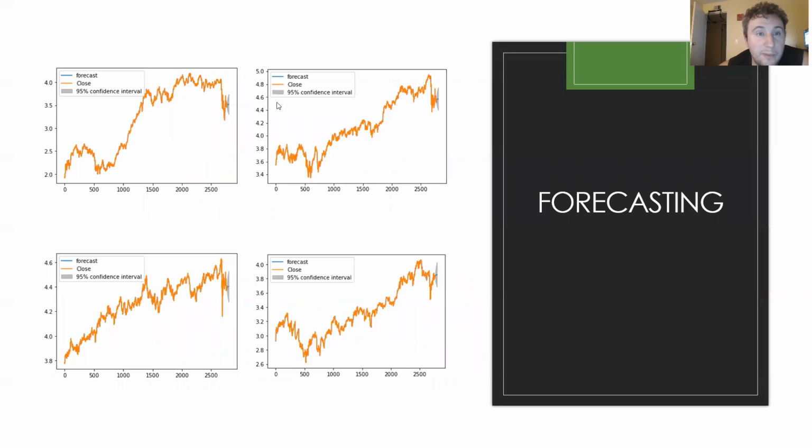So here, this is the data being forecasted with the ARIMA model. The orange line is the closing price, and the forecast is within a 95% confidence interval. It's a little small because it's a pretty big data set. It's all the day trading values of the stock from 2010 to 2020.